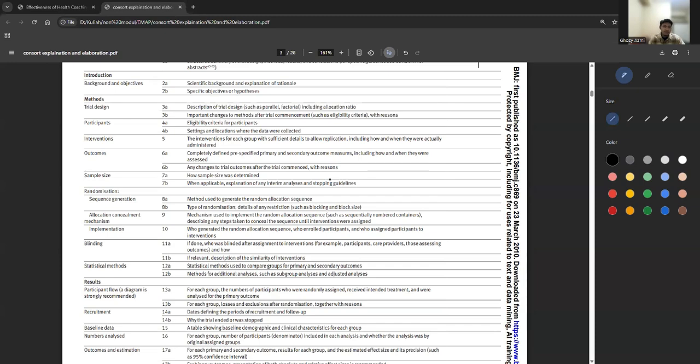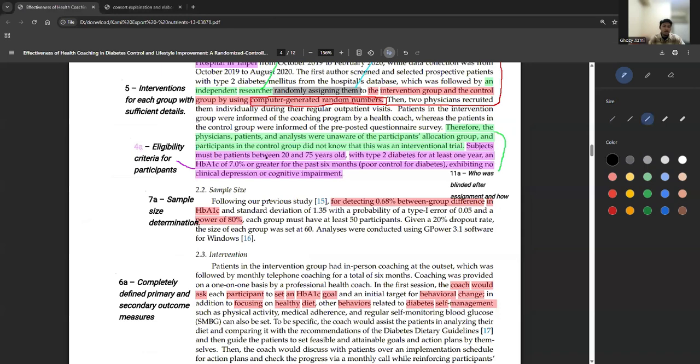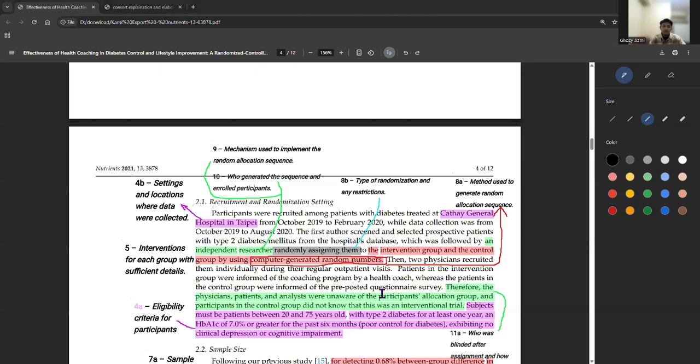This article says there is no reporting about 7B. Then we move to 8A, the method used to generate the random allocation sequence. This article used a computer-generated random number. And then we move to 8B, type of randomization and any restriction.